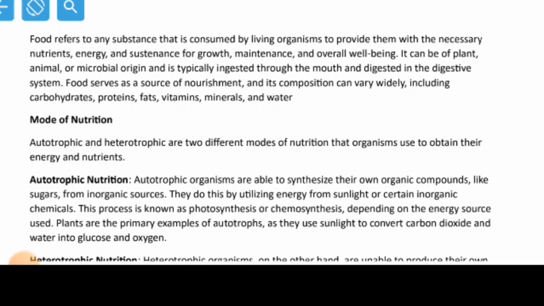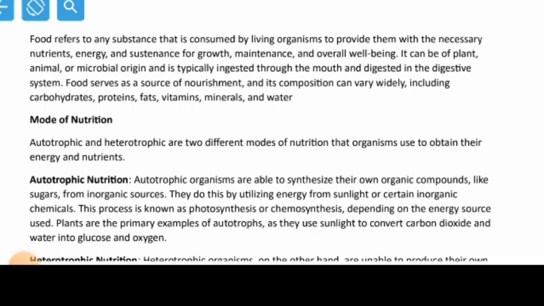Some of us absorb the food, some of us eat the food, some of us break down the food outside the body, some of us take in the food, then break it and then absorb it. In animals and human beings, the food is taken in through the mouth and digested in the digestive system.